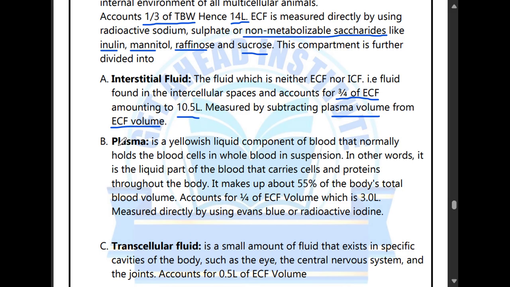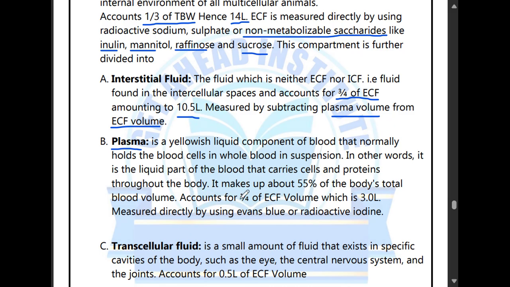Then we also have plasma. Plasma is just the yellowish liquid component of blood. I'm sure you covered it when doing blood physiology in your lectures. It normally holds the blood cells in whole blood suspension. In other words, it is the liquid part of blood that carries cells and proteins throughout the body.